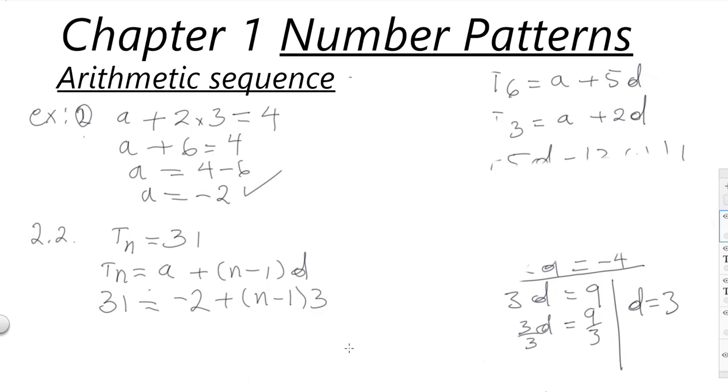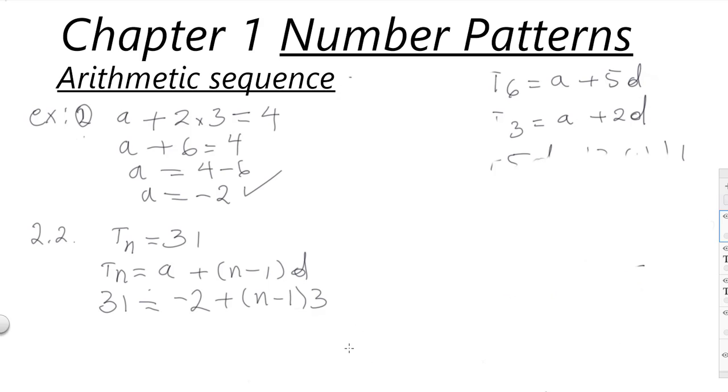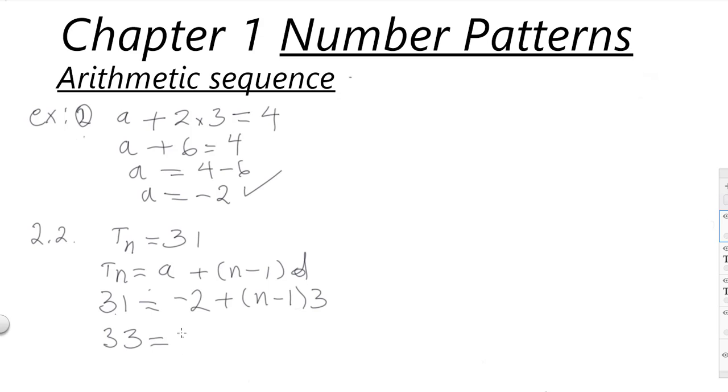This is very simple. Pause the video and try to solve the question. Let's do it now. When I transpose minus 2, this side will be plus. So 31 plus 2 will be 33. And then we have 3 times n minus 1. How do we remove 3 here? Because it's a multiplication, we divide both sides by 3.